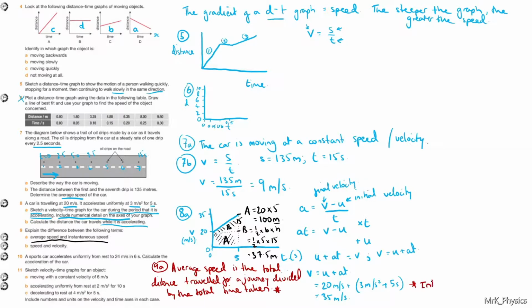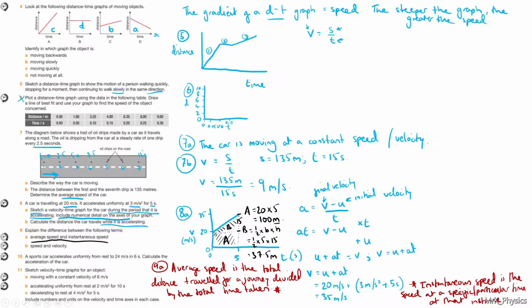Instantaneous speed is the speed at a specific or particular time, essentially at that instant or at that moment in time.